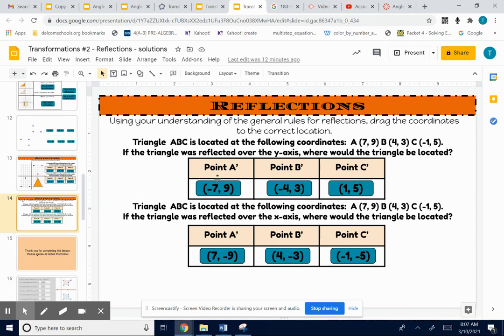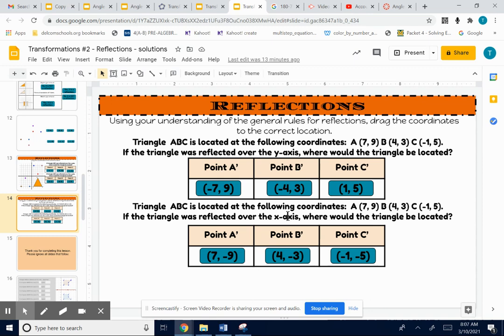So all you have to know is that when you do a y-axis reflection, the x coordinates change and the y coordinates stay the same. So the 7 and the 4 and the -1 become a -7, a -4, and a +1. But the y values stay the same. So 9, 3, and 5 stay the same.